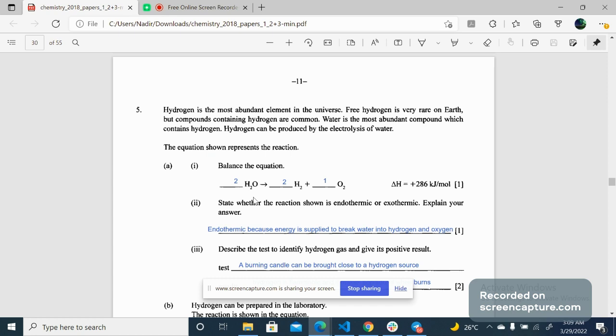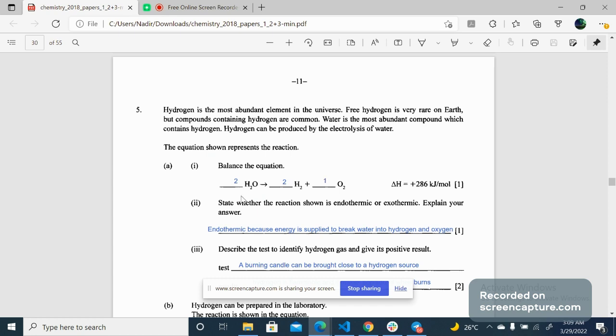So how do we balance an equation? We have to look at both sides of the equation. The arrow: on the left side are always reactants, on the right side are always products. We have to look at the left and right side of the arrow and make the number of atoms on either side equal.